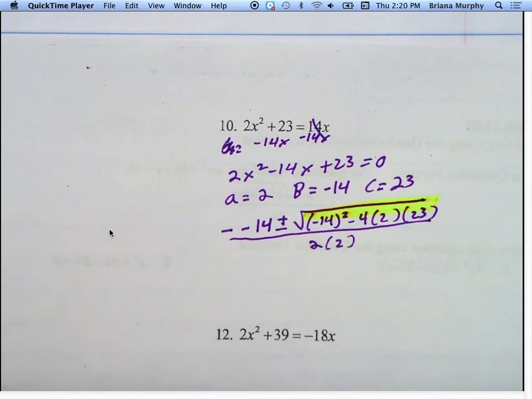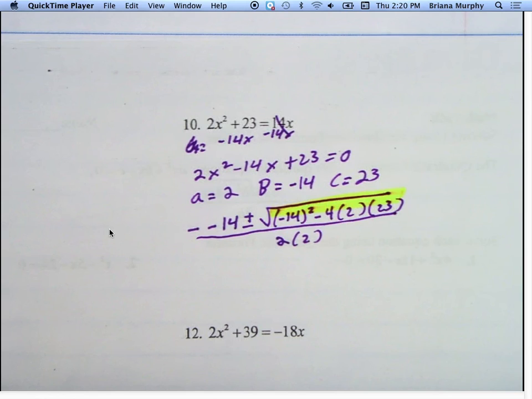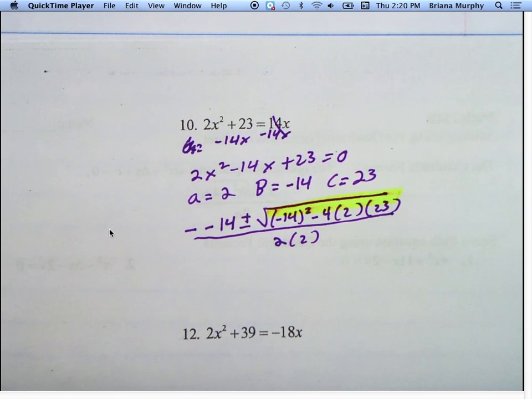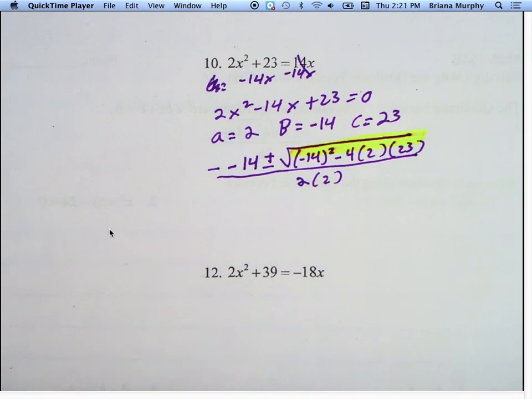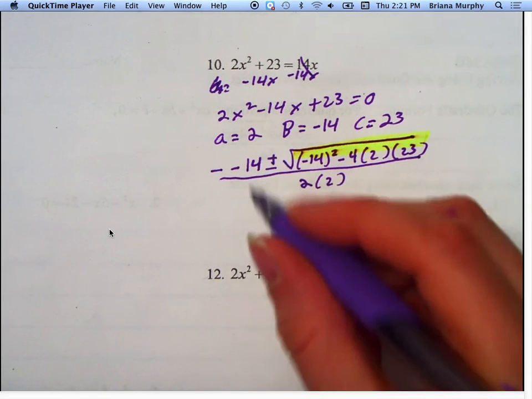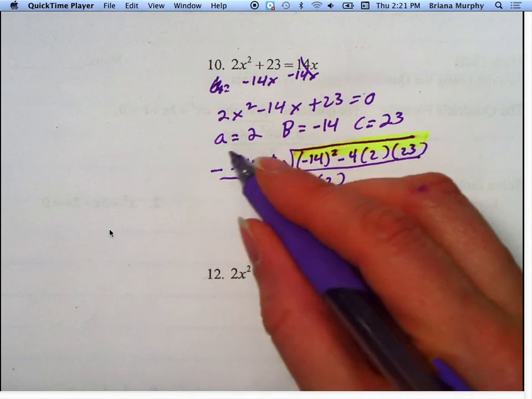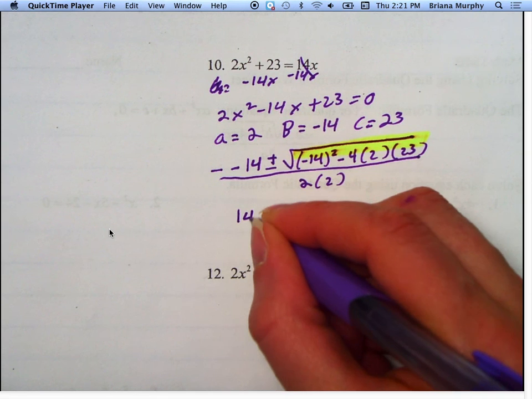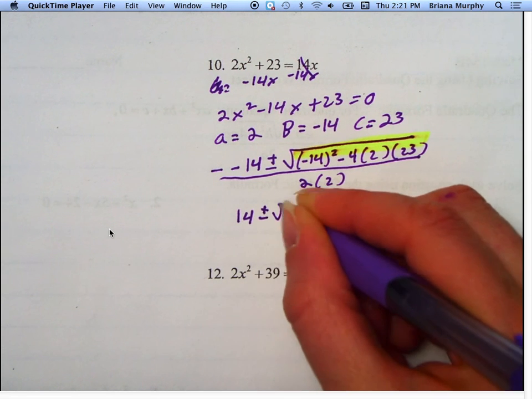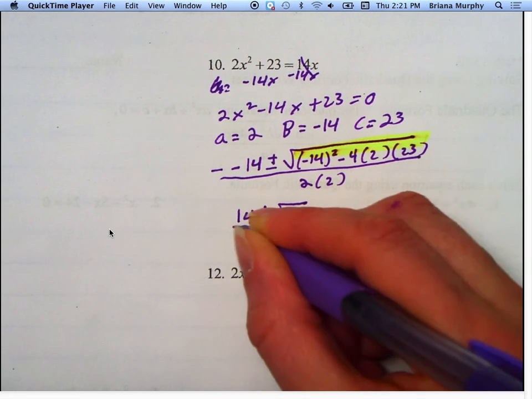See how many options I have. Negative 14 squared minus 4 times 2 times 23 gives me 12. So I'm going to change a negative and a negative to a positive. Plus or minus the square root of 12 all over 4.